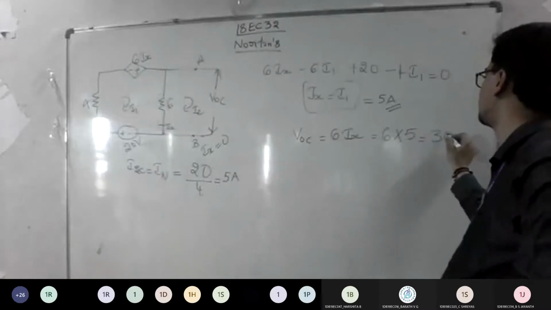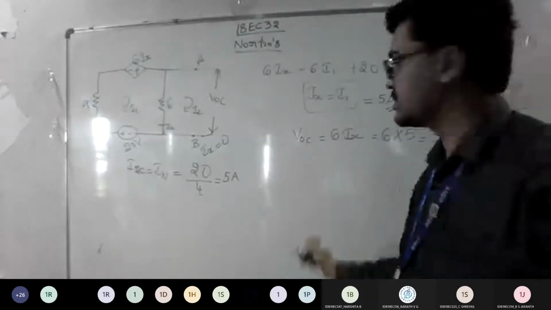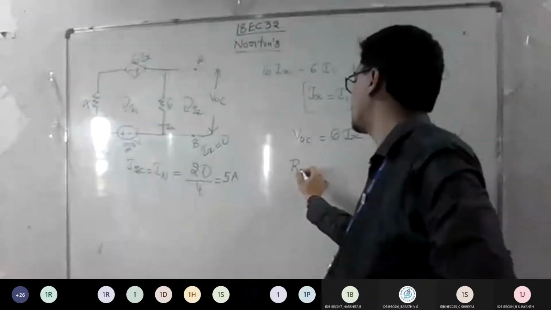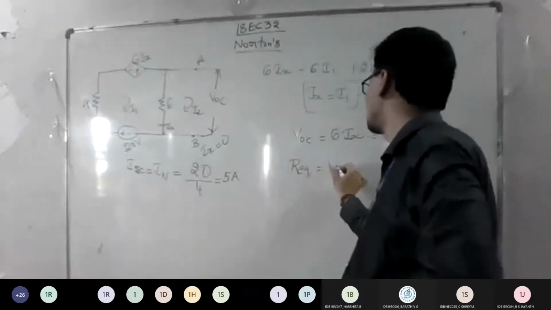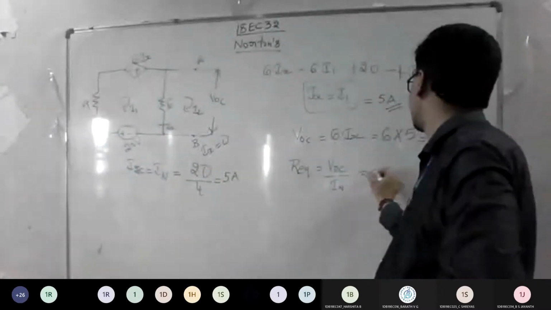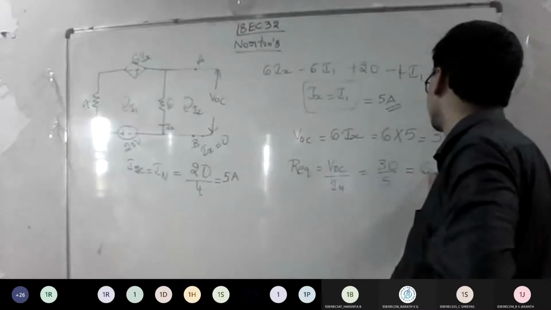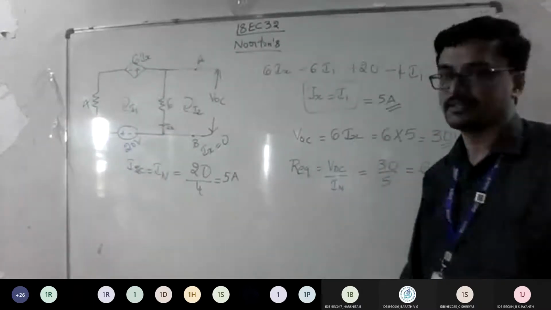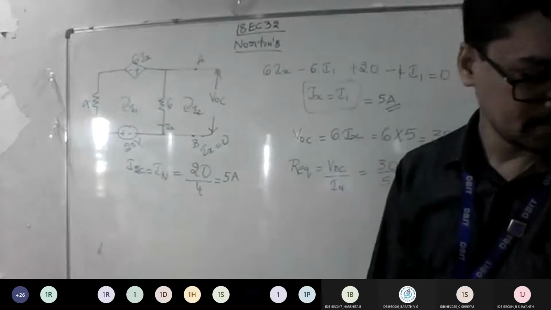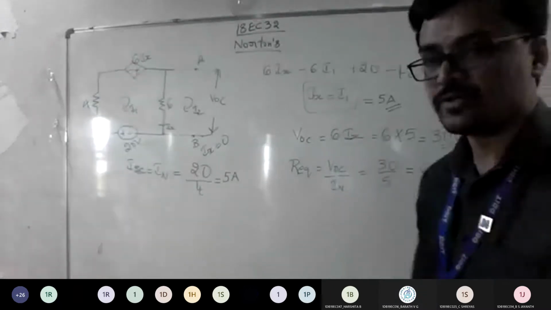Is it equal to 30 volt? Yes. So what is next? R equivalent. R equivalent equals VOC divided by Norton current, so 30 divided by 5. How much? Is it 6 ohm? Any doubts anyone till here?